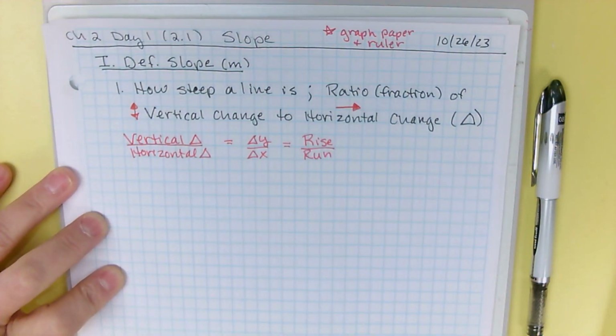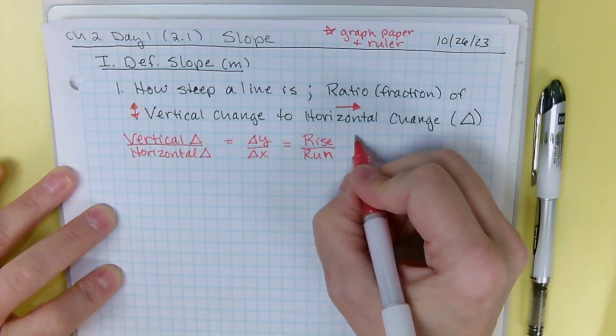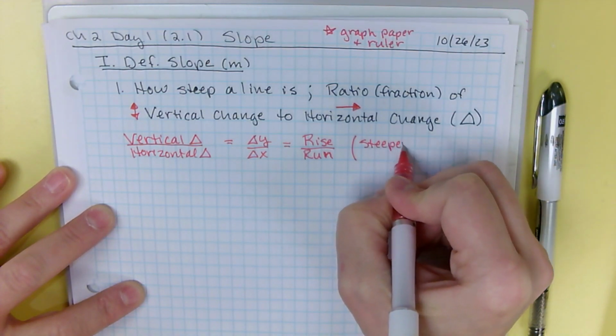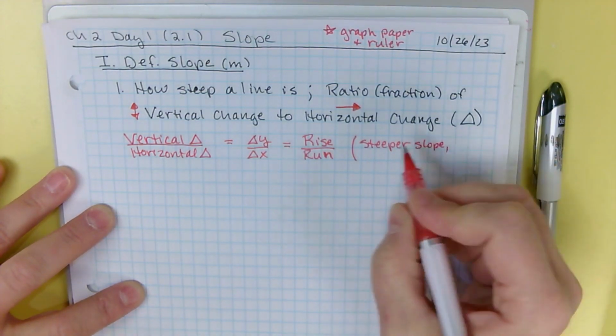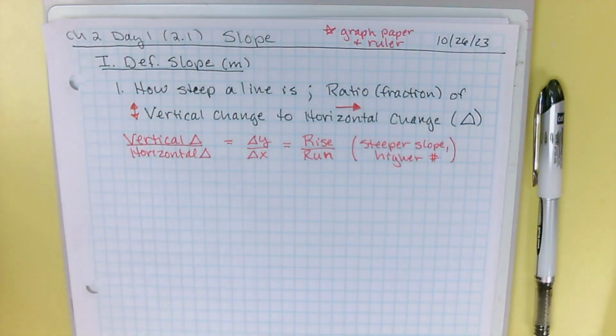So rise over run is slope. You use whatever way to remember it that works for you. Basically, though, the steeper the slope, the higher the number. So a slope of 5 is much steeper than a slope of 2. A slope of 1/2 is much flatter than a slope of 1.